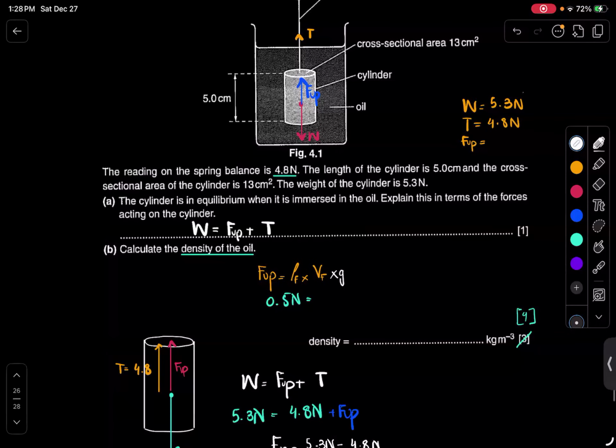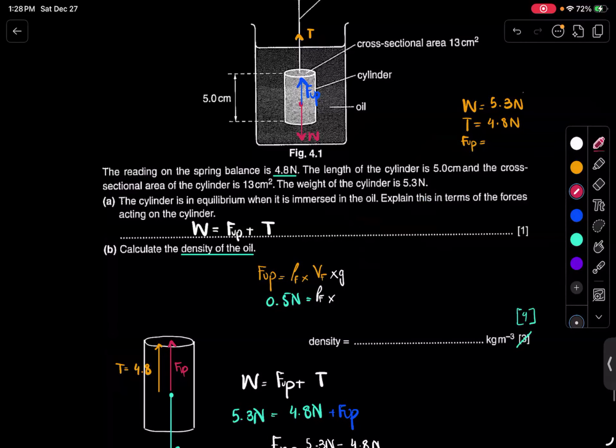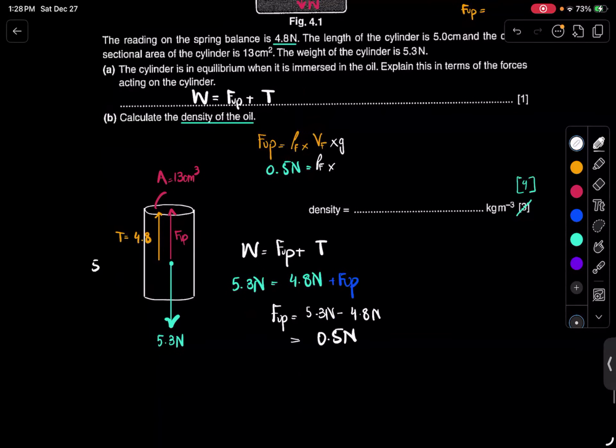No, that's exactly what we want to calculate. Okay, so what is the volume? Isn't that pretty easy to calculate? You have the area. Area is 13 centimeters squared. What is the length of the cylinder? Length is 5.